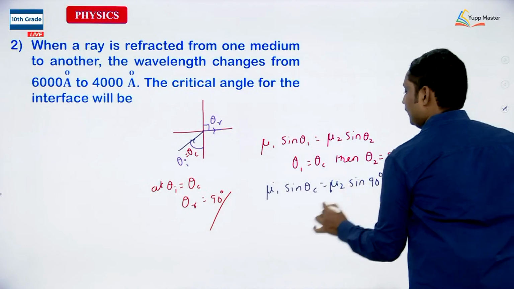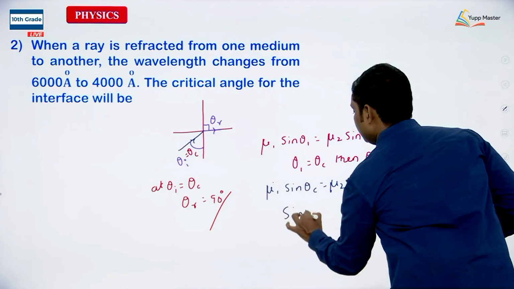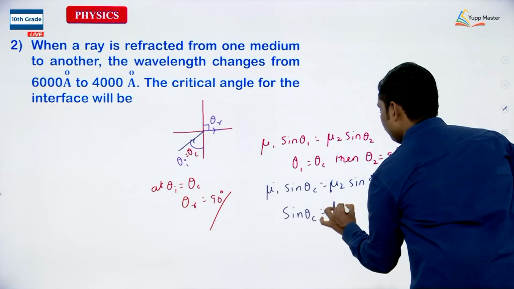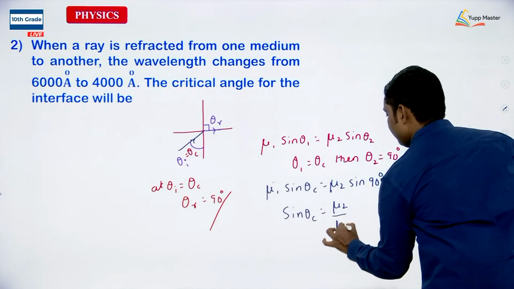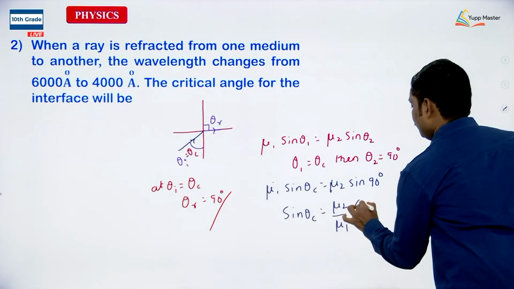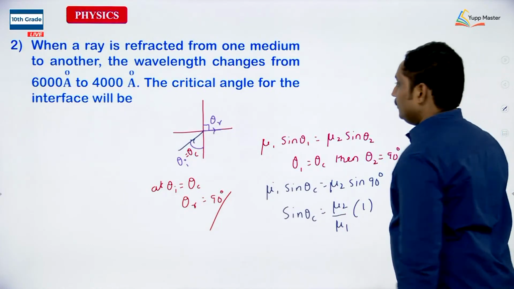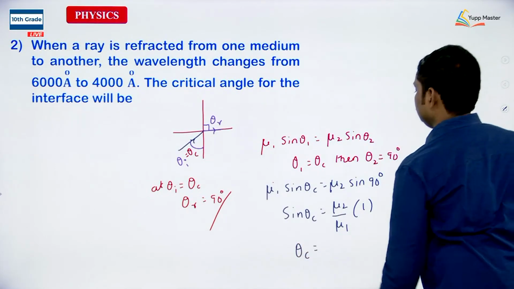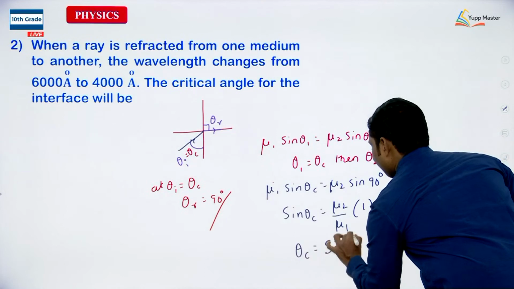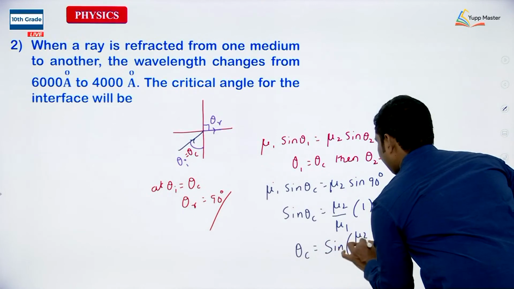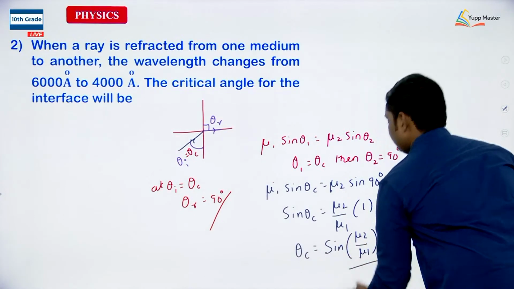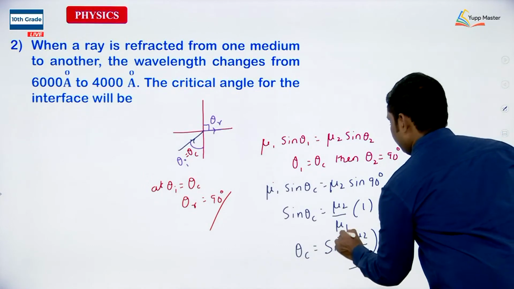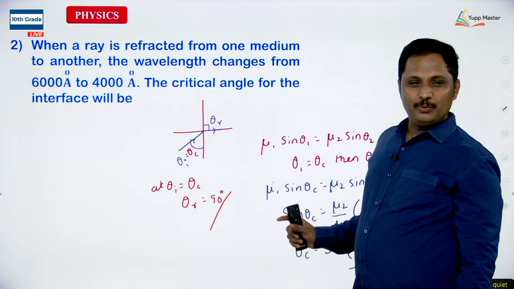Therefore, sin theta C is equal to mu 2 by mu 1 into 1. So, theta C is equal to sin inverse mu 2 by mu 1.